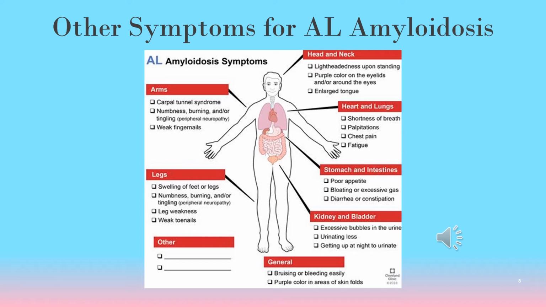Another thing it points out is you need to watch for excess bubbles in the urine as a sign. That person is going to be urinating less because they're having all these big, bulky proteins that are going to be blocking the vessels and making it where the waste products of the blood can't be dumped off for elimination.